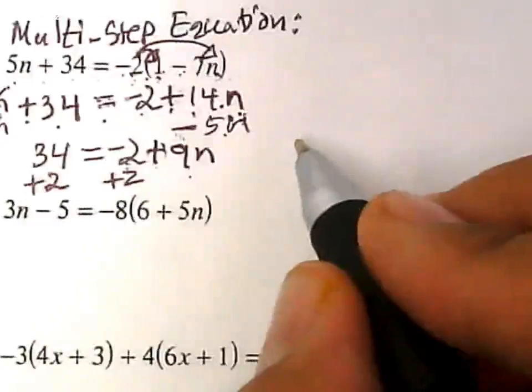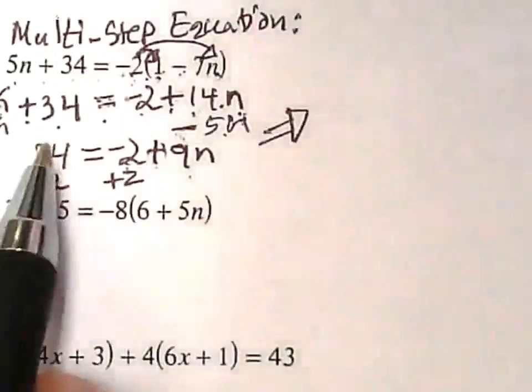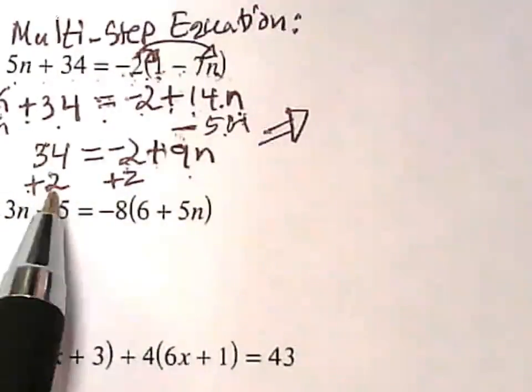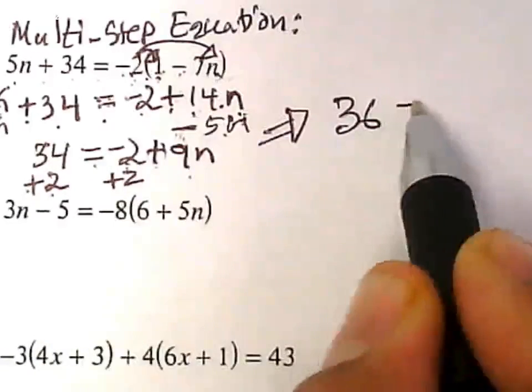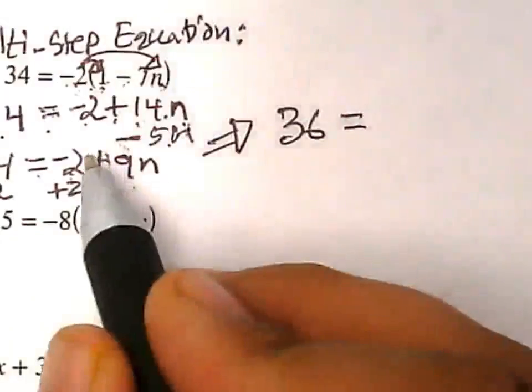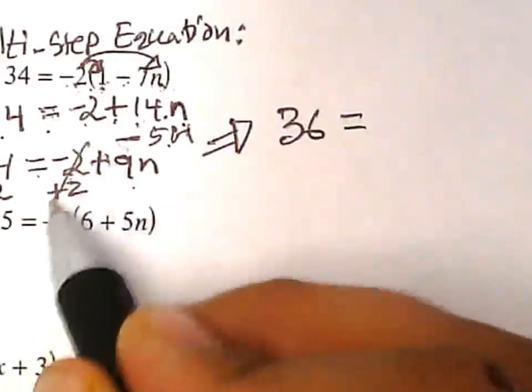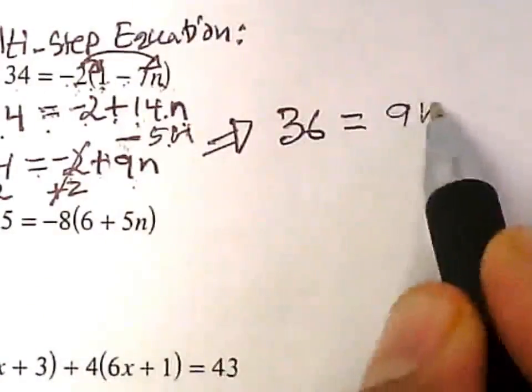So let's go this side because we don't have any space here. 34 plus 2 is 36. Equal sign in the place of the equal sign. On the other side, negative 2 and positive 2 cancel each other, and you have 9n left.